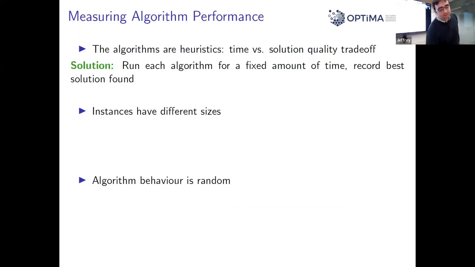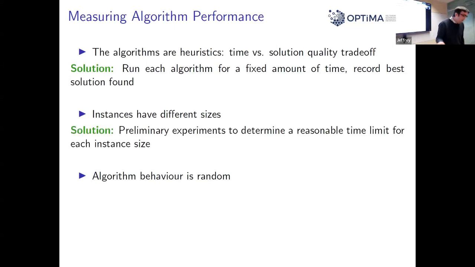Now the instances have different sizes, meaning that an appropriate amount of time to solve an instance with 25 locations and facilities is going to be very different to an appropriate amount of time to solve a problem with 100 locations and facilities.